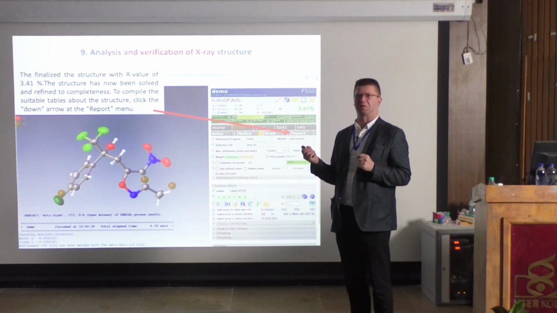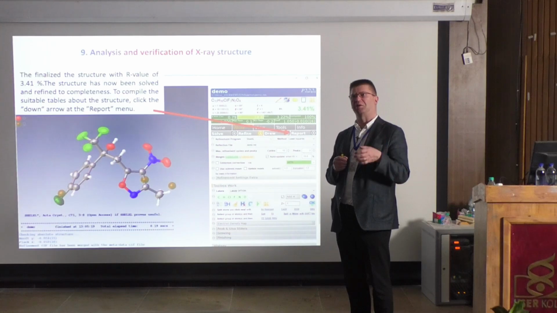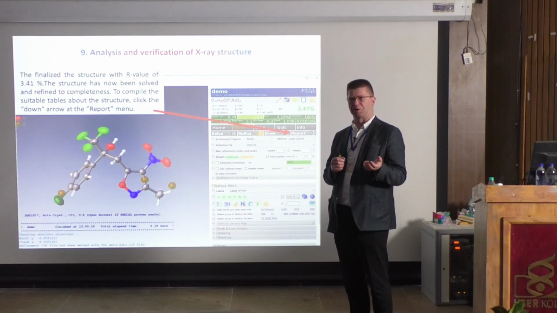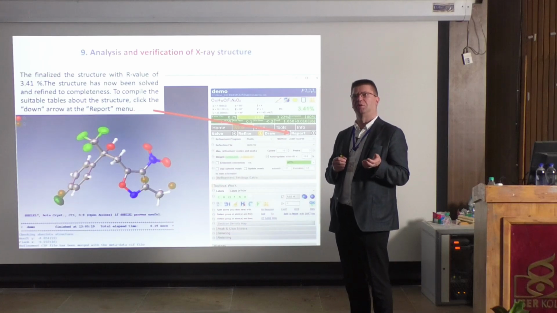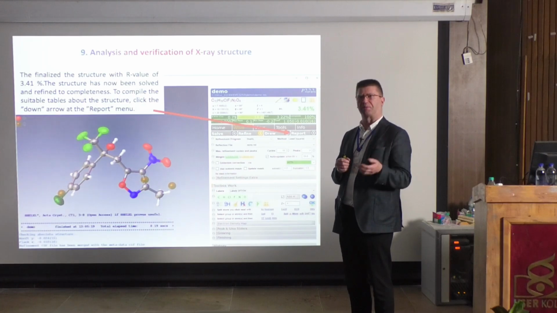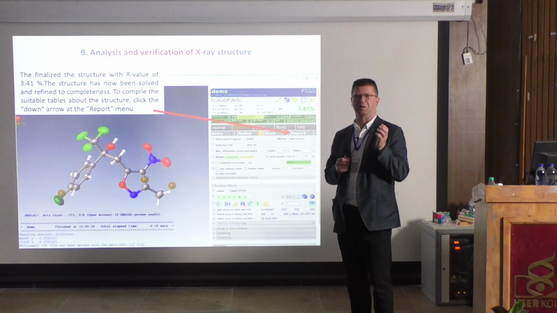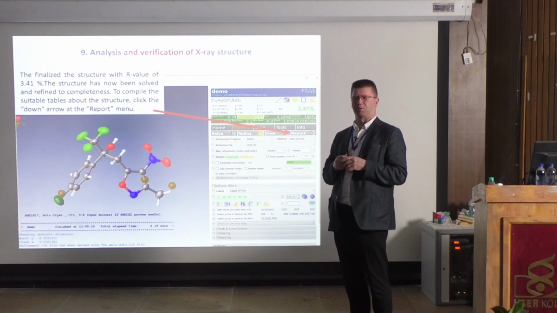Because in many cases this can be misleading. Sometimes the X-rays are not telling you the real story. There might be an incorrect atom somewhere, as you noticed yesterday, where the program was giving you something that might not be correct. So you have to see for yourself that it's chemically reasonable.